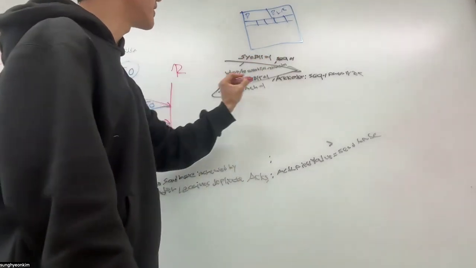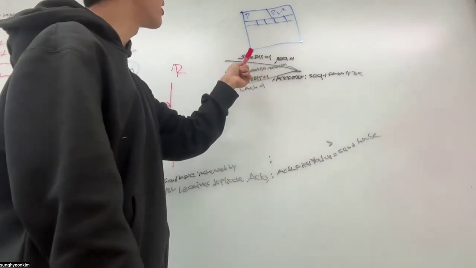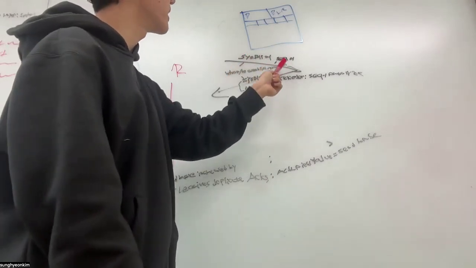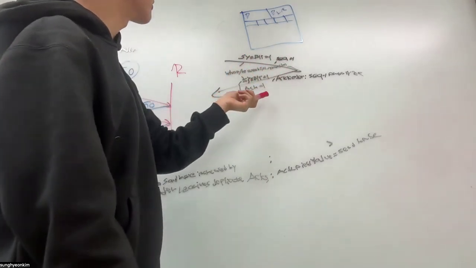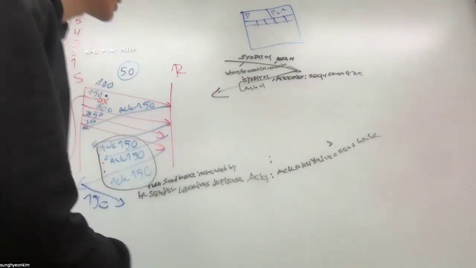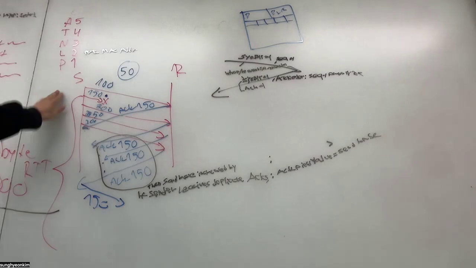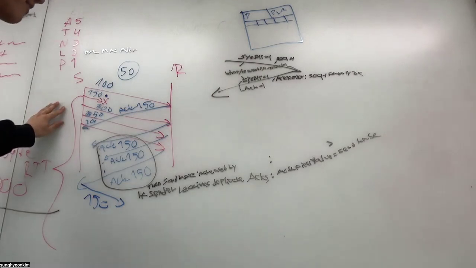Then receiver will send ACK number, which is sequence number plus data. So it will be 2, and also send ACK number and SYN bit 1 for starting communication. When they end the communication, there are also some rules.